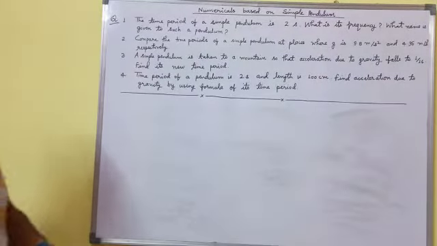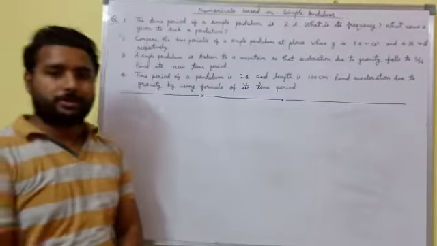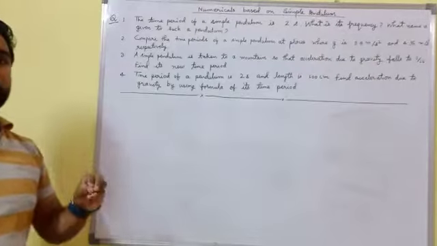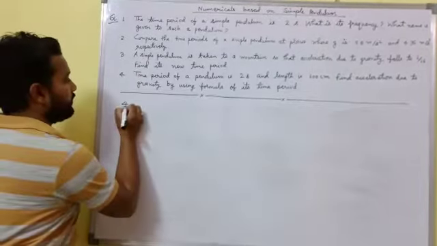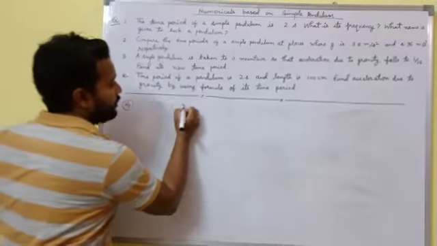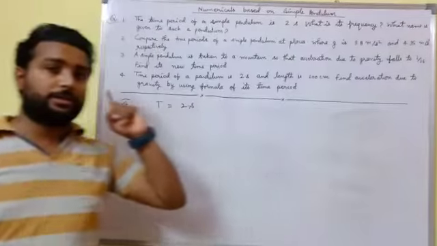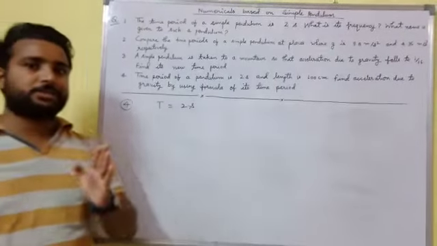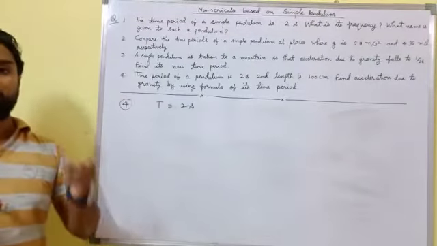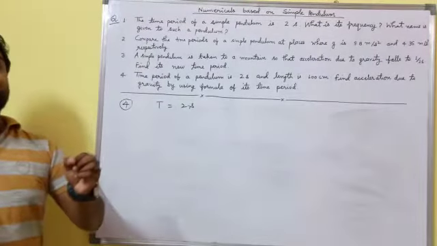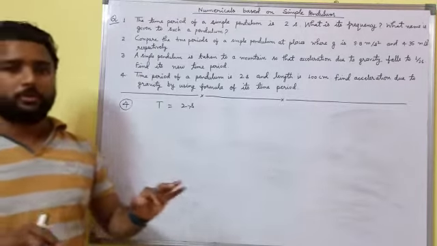Now students, the next problem: the time period of a pendulum is 2 seconds. It means a pendulum which has time period 2 seconds is a second pendulum. So in question number 4, T is given as 2 seconds. I have already discussed that for a second pendulum the length will be 0.99, near about 1 meter.